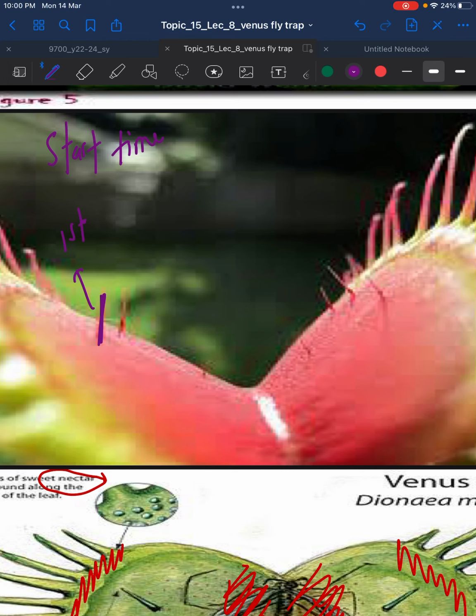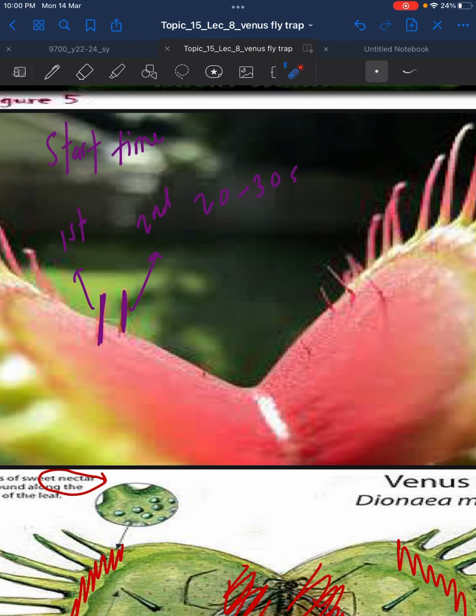If the second hair is deflected within about 20 to 30 seconds, depending on the textbook, meaning the first hair is deflected and the second hair is deflected within 20 to 30 seconds, then an action potential will occur.